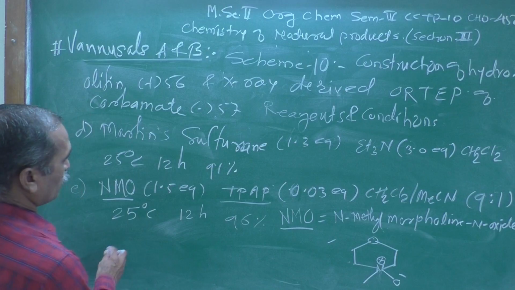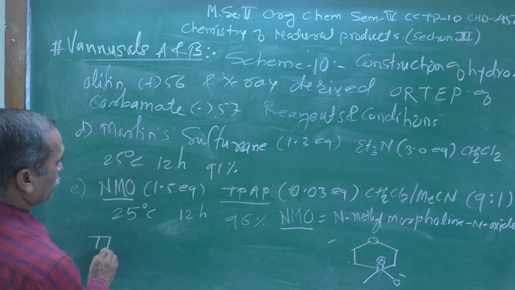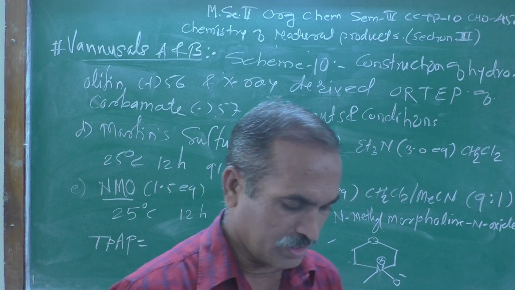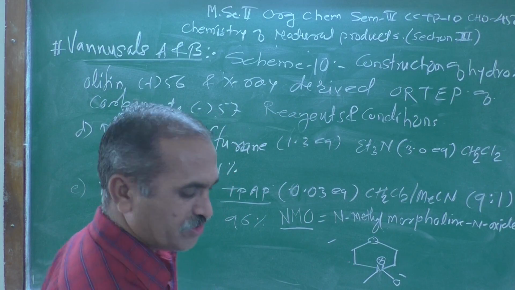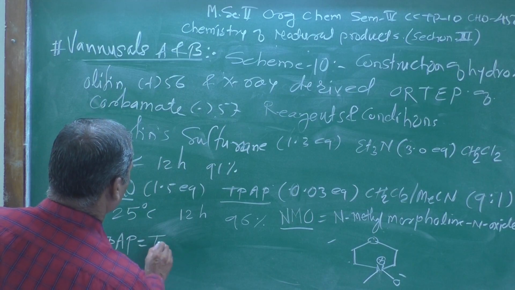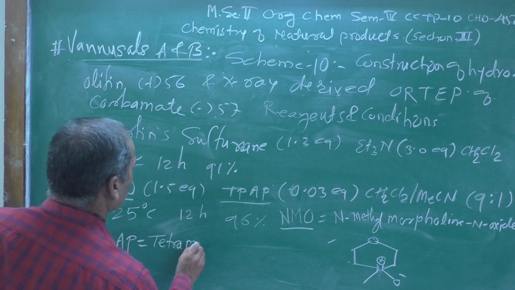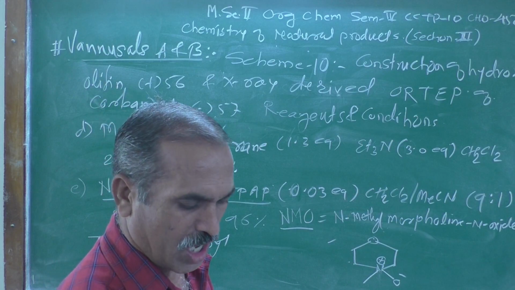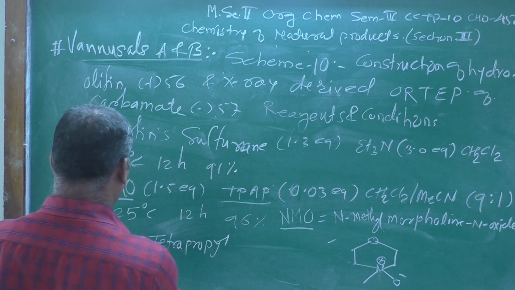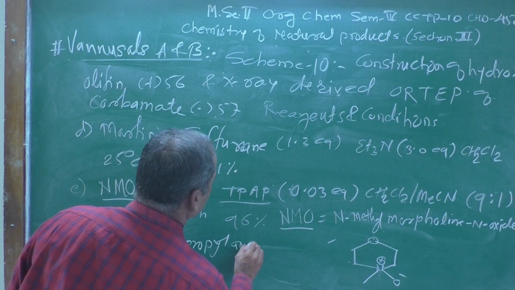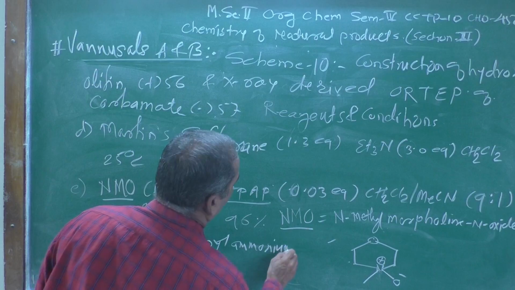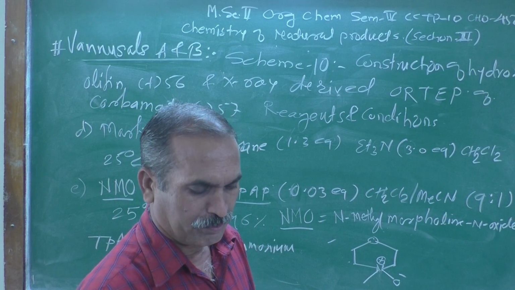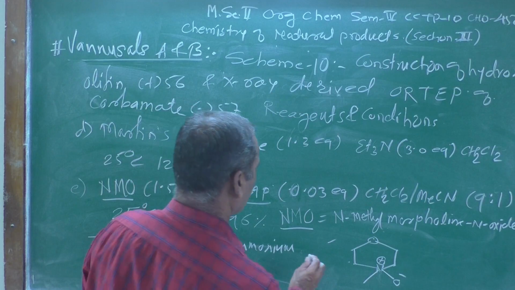And further there is TPAP. Again, what do we mean by TPAP? The full form of TPAP is tetrapropylammonium perruthenate.